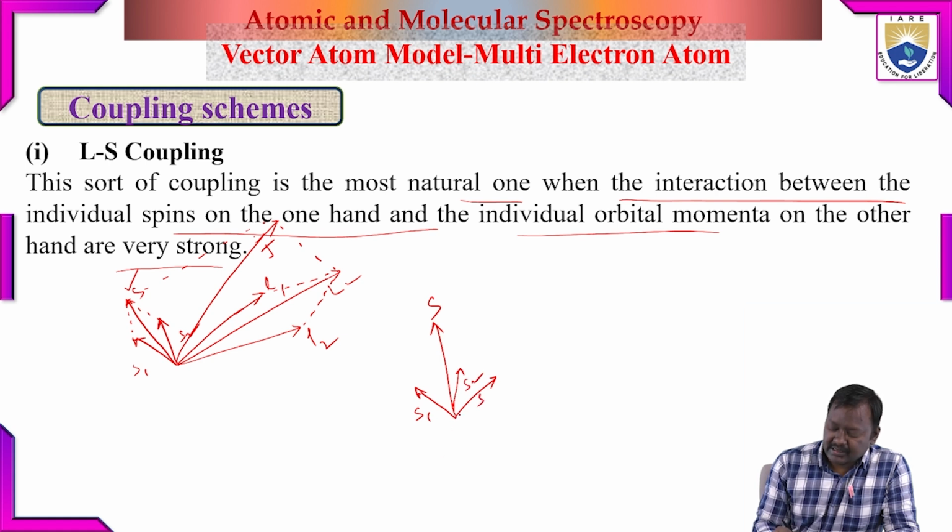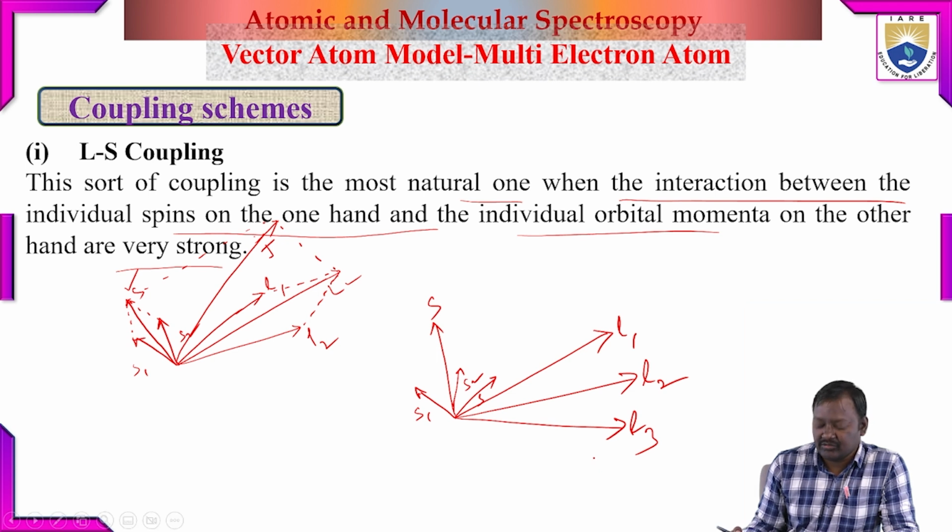And similarly, the orbital angular momentum quantum numbers for the individual electrons, if there are 3 electrons, are L1, L2, L3 individually.